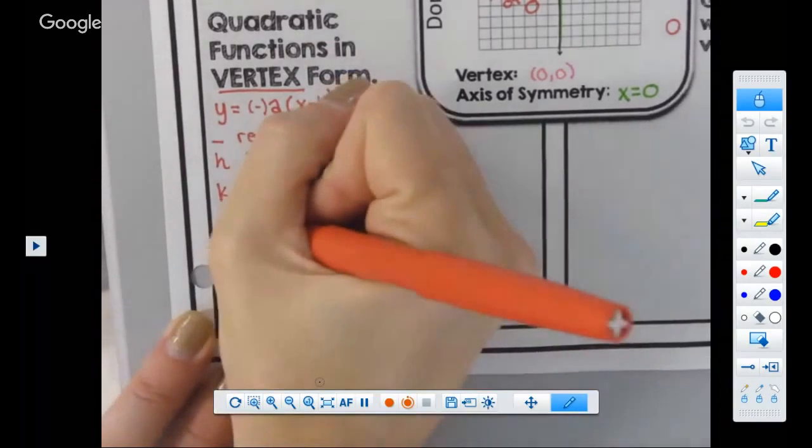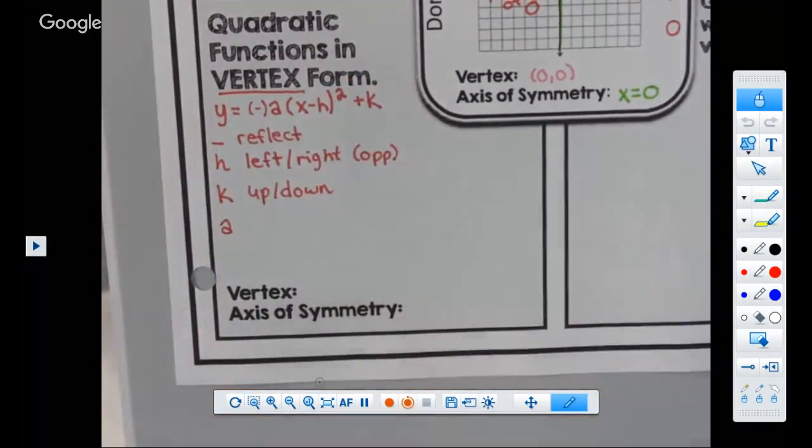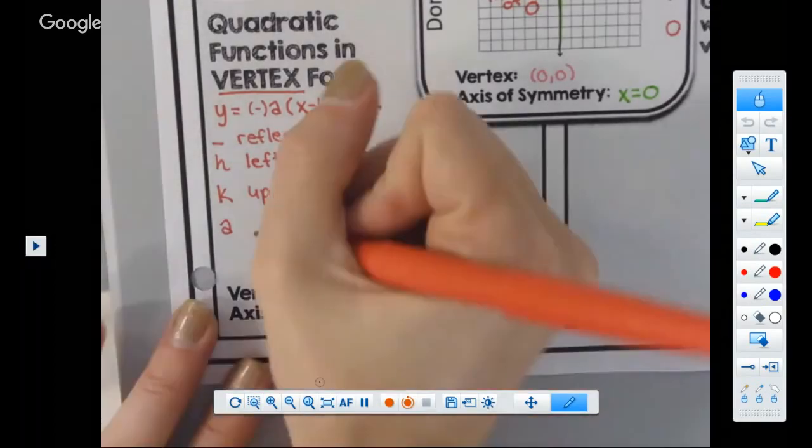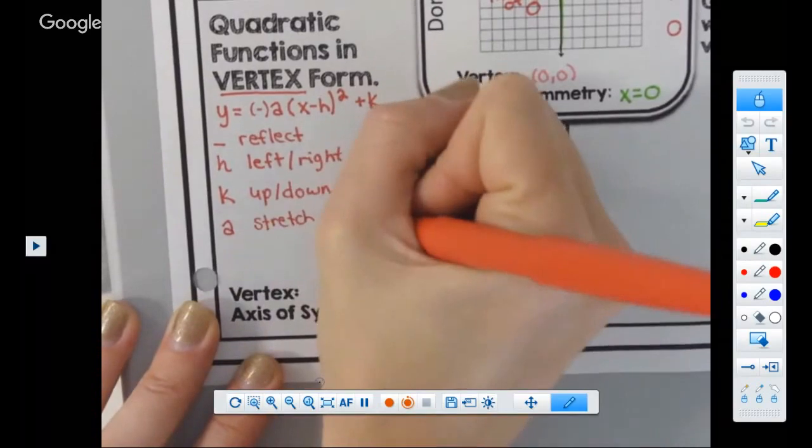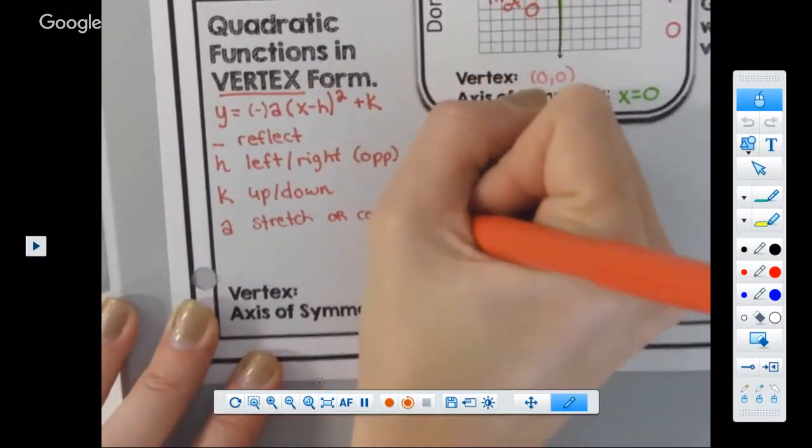Which leaves the last thing, which is the a. So what is the word that describes what the a is going to do? Stretch or compress. Okay, so a is going to stretch or compress.